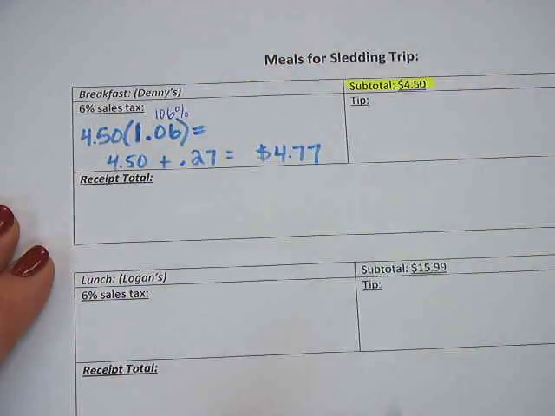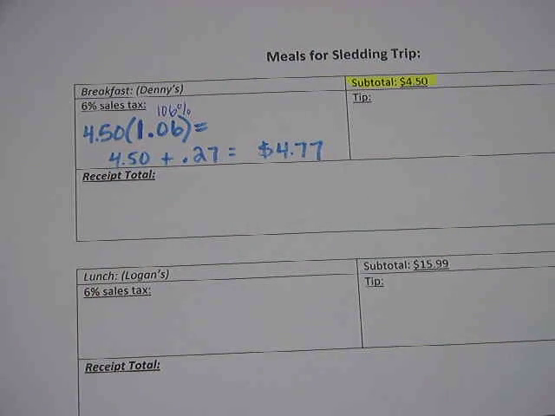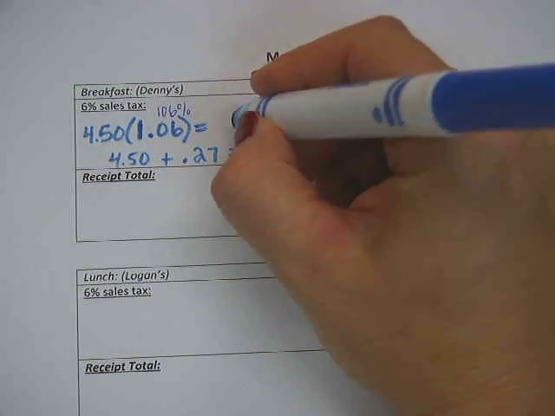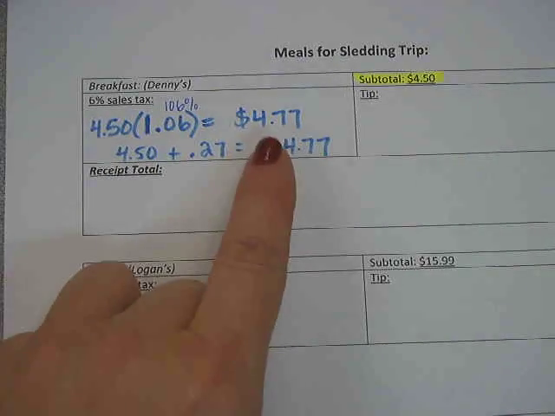So if you can please take your calculators and type in $4.50 times 1.06, you will see that you get the same exact answer, but you get it in one step.